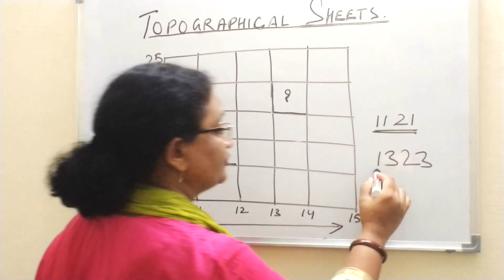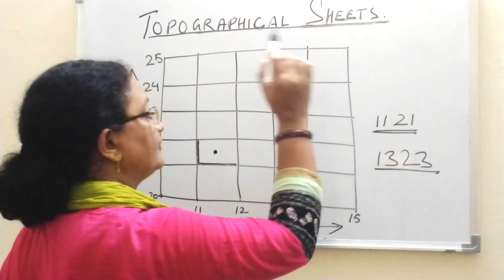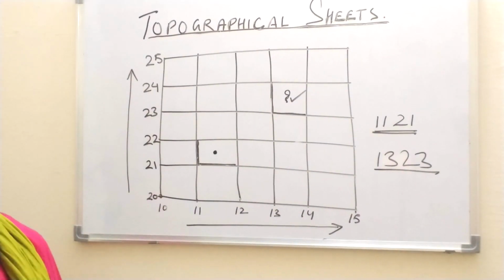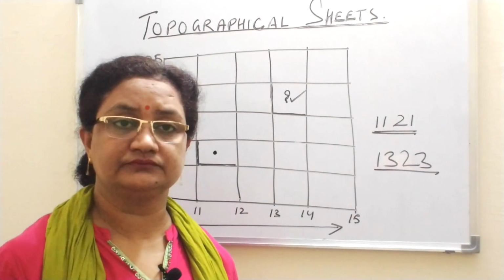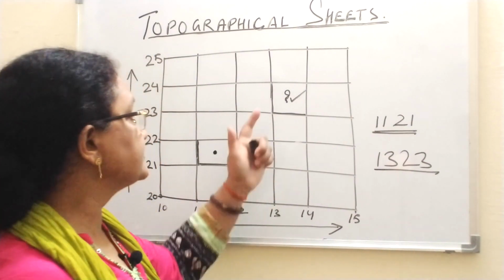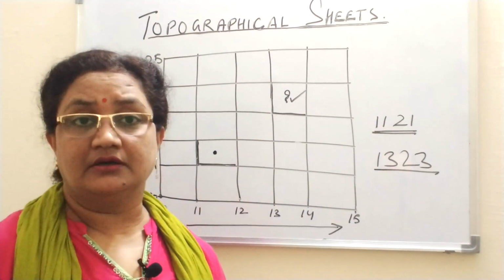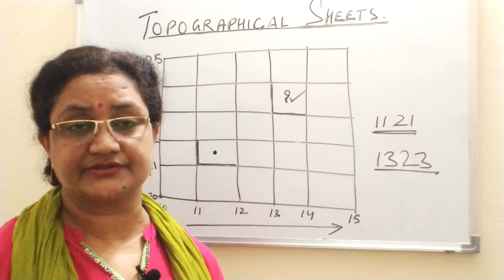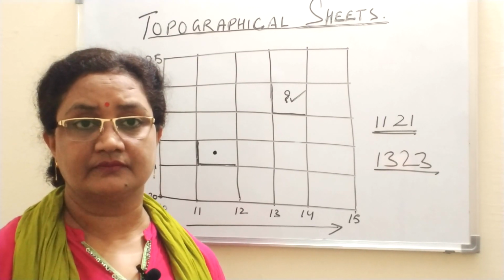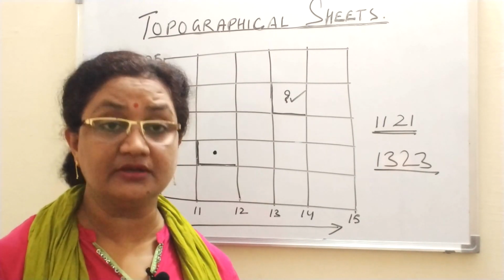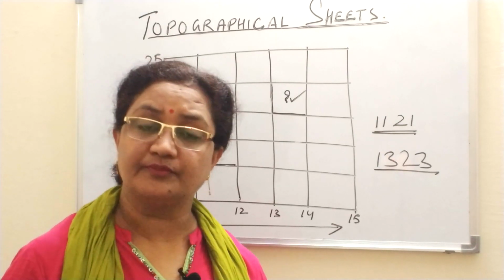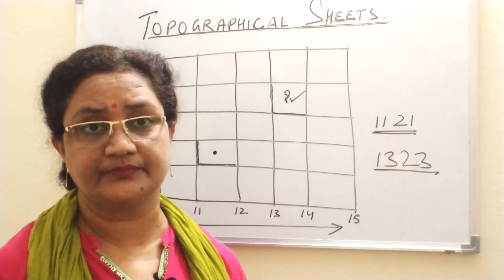And this is going to be the grid reference of this particular grid square. That's why it is called the 4-figure grid reference. So this is how we locate any particular place on the topo sheets.